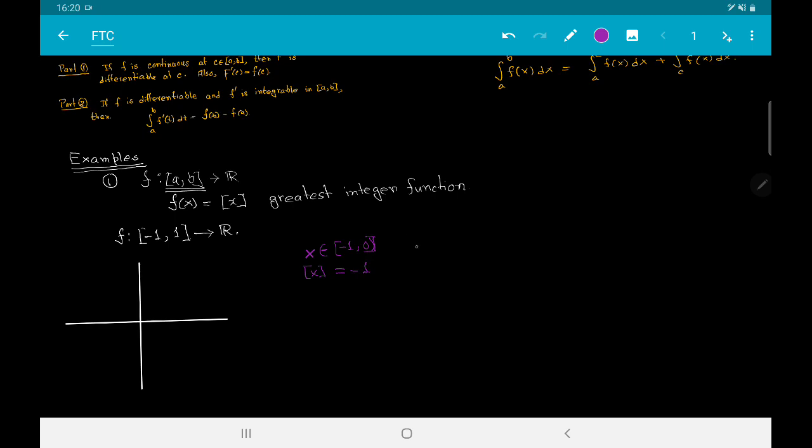So for example, if x was -1/2, then the greatest integer less than or equal to x is equal to -1. So if this point corresponds to -1, then from here to here the graph of our function looks like this.